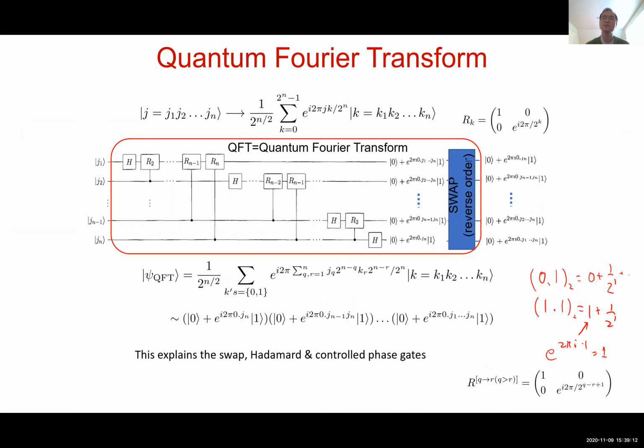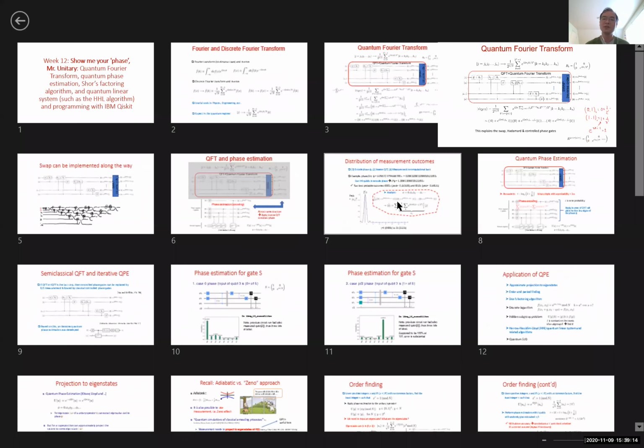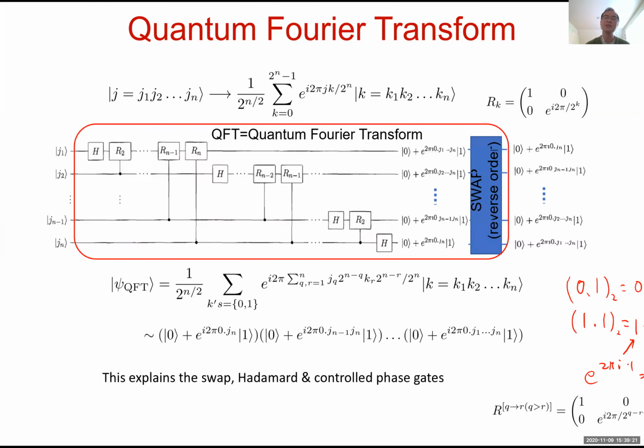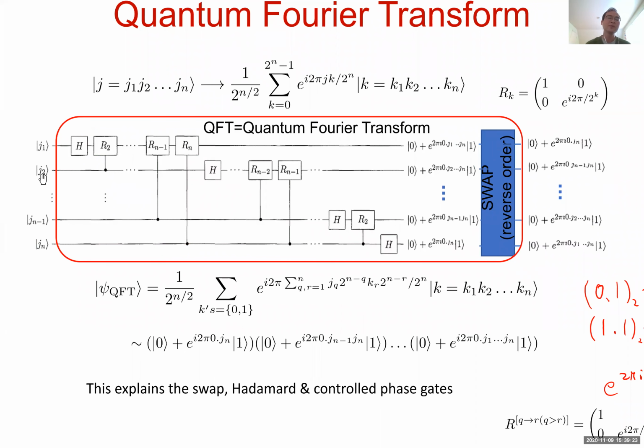Okay, I think the importance of that is, this is sort of the position, right? Or the computational basis, these J1, J2, Jn is mapped to the phase information.